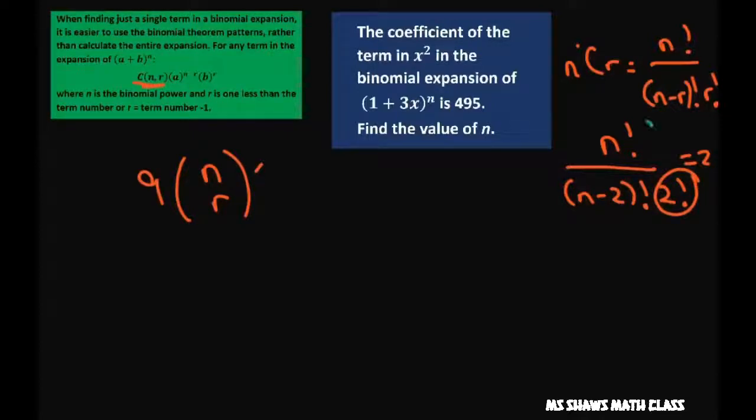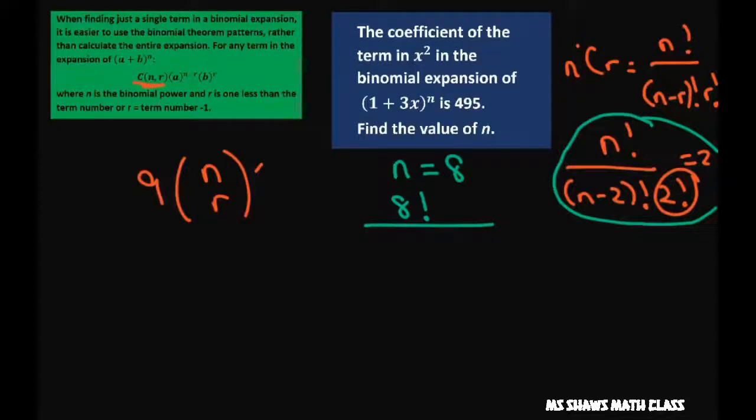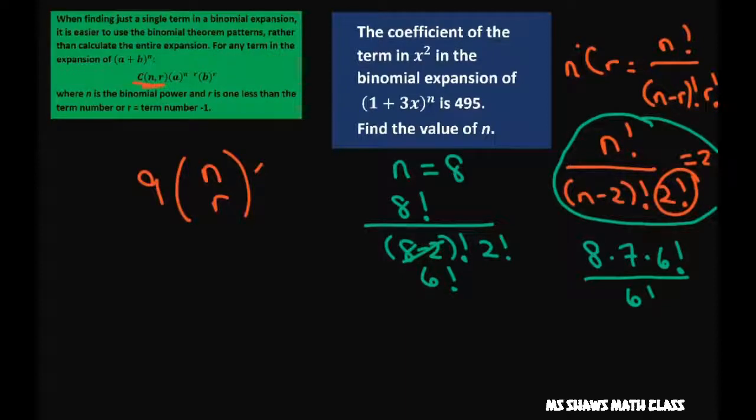Now, just looking at this, let's pretend our n equals 8. If our n is 8, we'd have n factorial divided by 8 minus 2 factorial times 2 factorial. So this would be 6 factorial. So what you'd have is 8 factorial, 8 times 7 times 6 factorial over 6 factorial times 2.